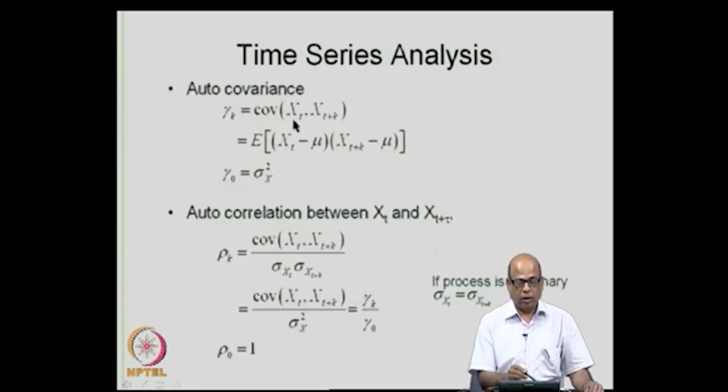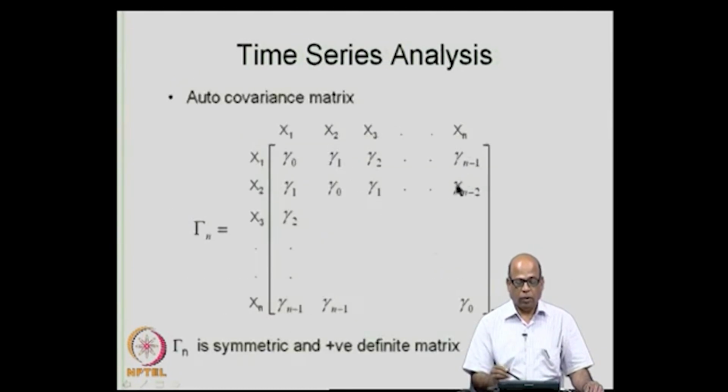So, we are writing x 1 and x 1, x 1 and x 2, which becomes 1 plus 1. So, k becomes 1 there, and therefore, this becomes gamma 1. x 1 and x 3, k becomes 2 there, and this becomes gamma 2, and so on. So, this is how we write the first row.